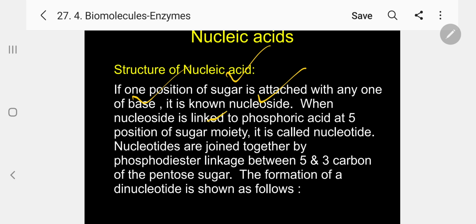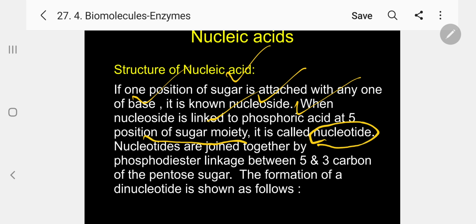When nucleoside is linked to a phosphoric acid at the 5th carbon atom, the 5th position of the sugar moiety, it is called nucleotide. Please follow the difference. Nucleoside and nucleotide. Please follow. So, all the three, sugar, base, and phosphate at the 5th carbon atom, is a nucleotide.